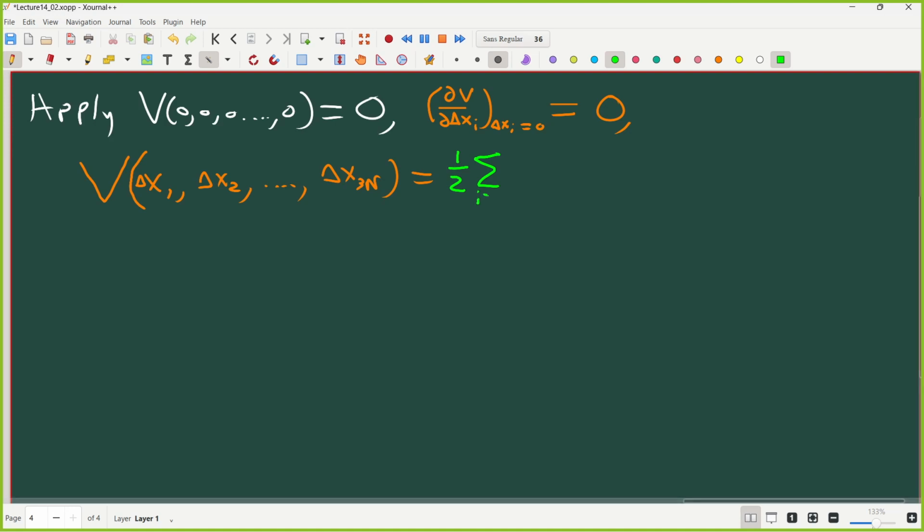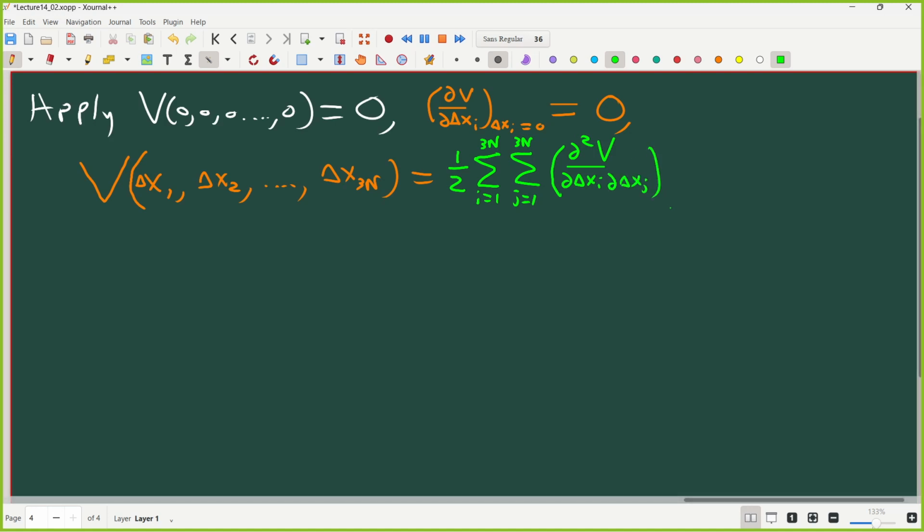So we're going to have a sum over i from 1 to 3n, and a sum over j from 1 to 3n of the second derivative of the potential with respect to those coordinates, times the coordinates. Right, we get the cross terms when i is not equal to j, and we get the diagonal terms when i is equal to j.